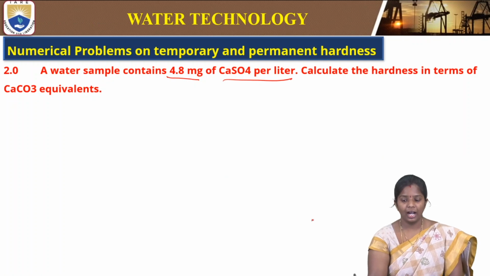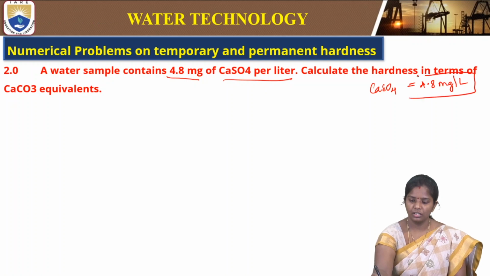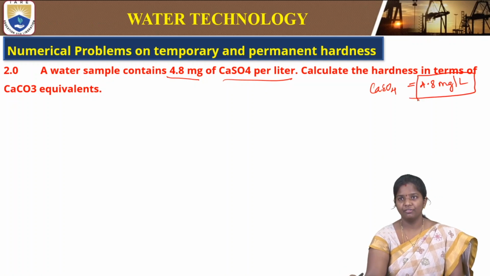Calculate the hardness in terms of calcium carbonate. So we have only calcium sulfate present, which is 4.8 milligram per liter. So this is the value we have. The sulfate is responsible for permanent hardness.